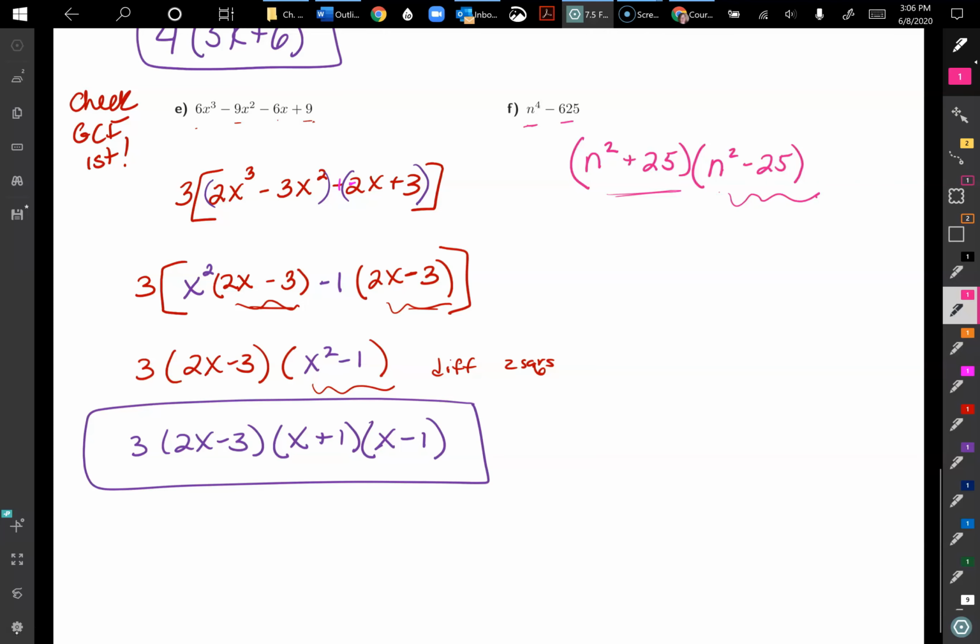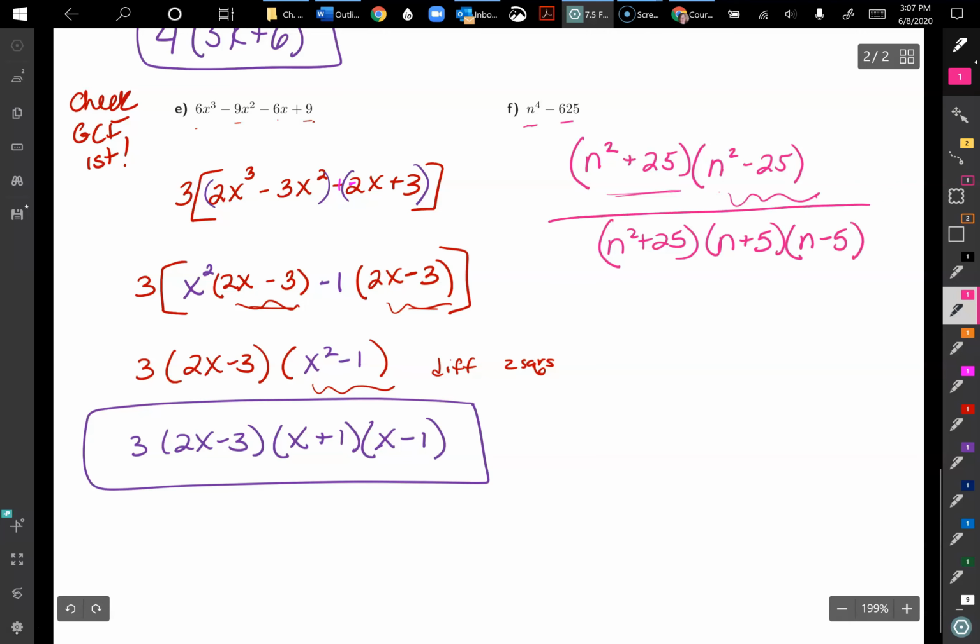So we do end up getting n squared plus 25, and then we have n plus 5 times n minus 5. So do make sure you continue on and keep factoring as much as you can.